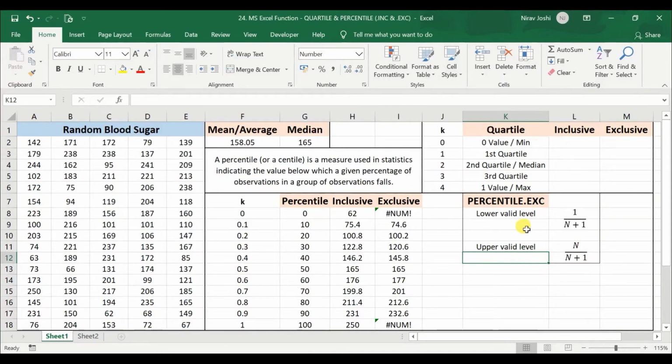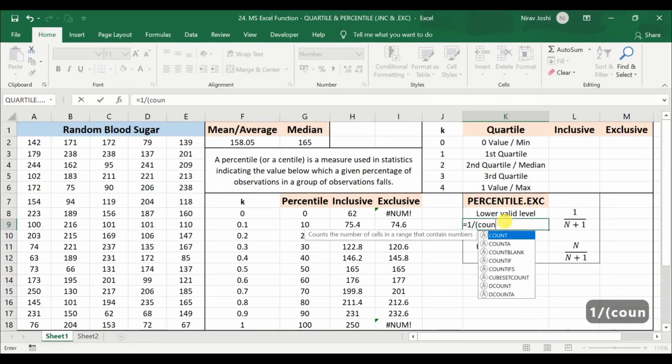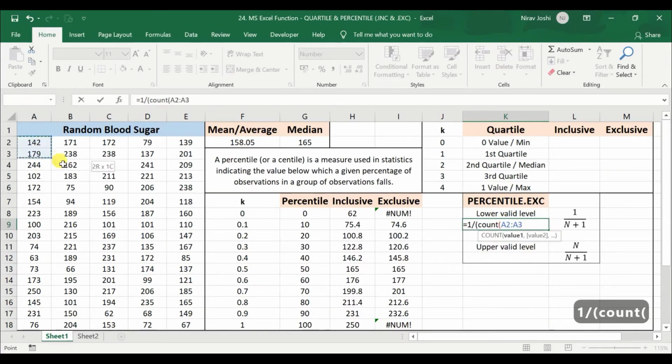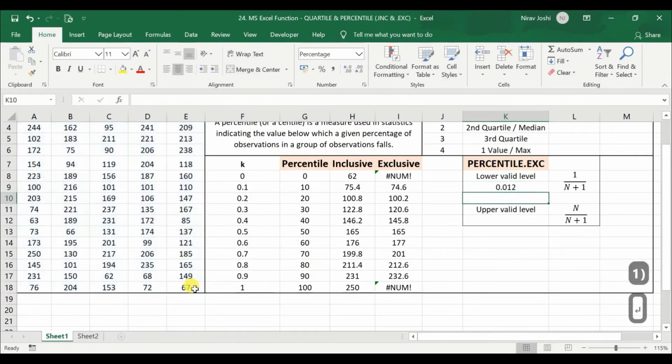Now here I would like you to pause this video and download the data sheet from the description and try to calculate both this level with the use of function count. So here the lower valid level can be calculated by 1 divided by count to count all the observation in this range, complete the parenthesis, plus 1 and complete the external parenthesis, press enter.